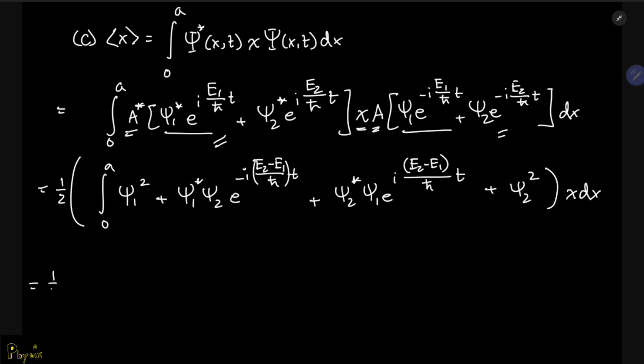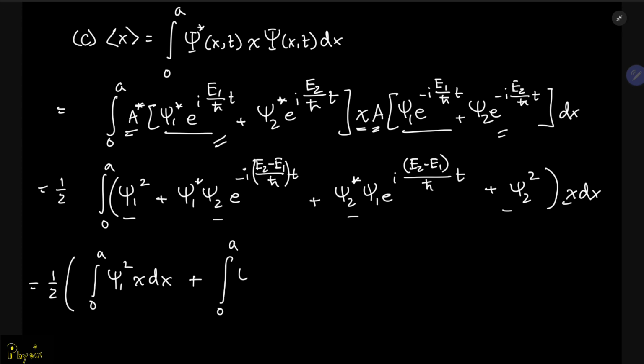So if you multiply x with each of these terms, then you have the integral from 0 to a of psi 1 squared x dx, plus the integral from 0 to a of psi 2 squared x dx, plus two of these integrals over here. And recall that we said that psi 1 star is equal to psi 1 and psi 2 star is equal to psi 2.